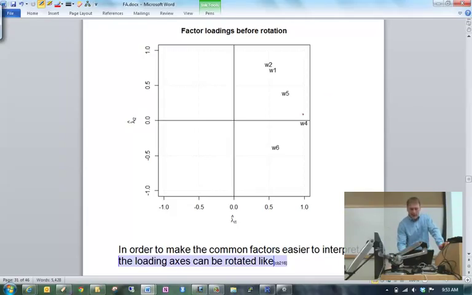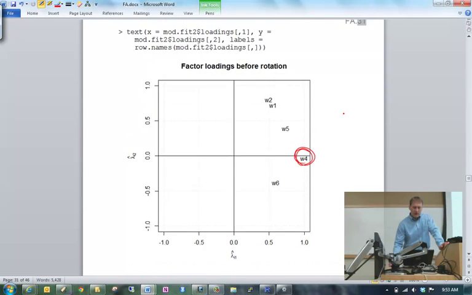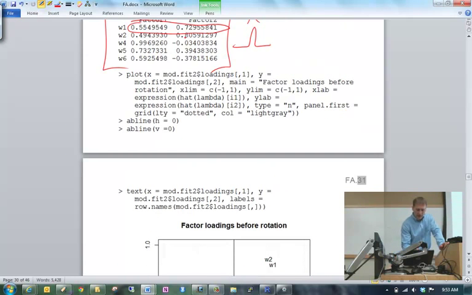So if you remember again, W4 had a factor loading for the second factor that was close to 0. And what that meant for us is that it was easier to interpret the second common factor, because we didn't need to include, let's say, W4 in our formulation of an interpretation.